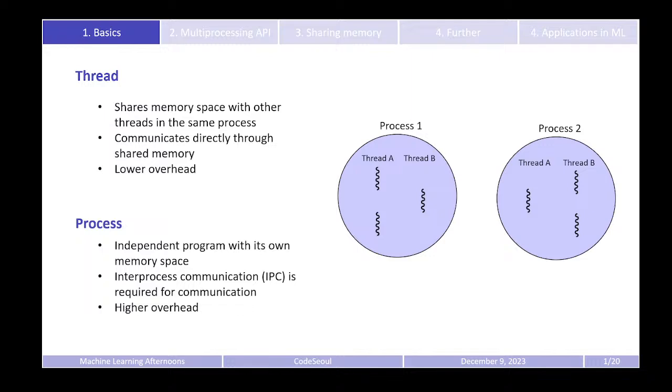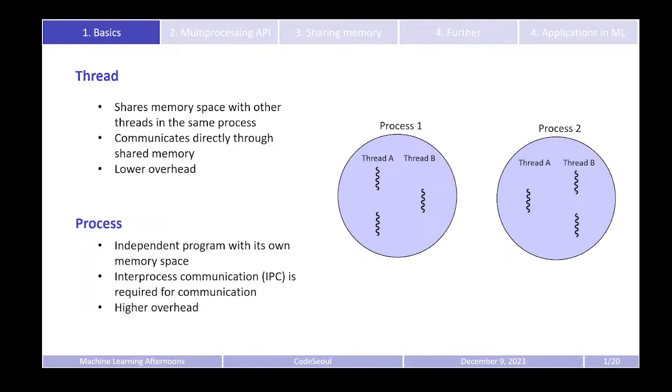So what's the difference between a thread and a process as a whole? The biggest one is that threads share the memory space with other threads, so if you want to update, let's say, some variable from one thread to another thread, this kind of communication is easier within the same process between threads.